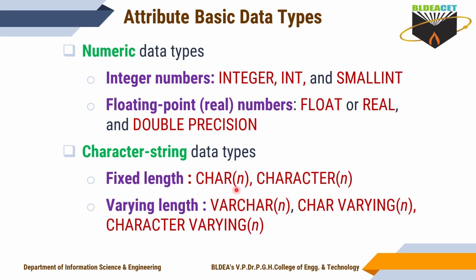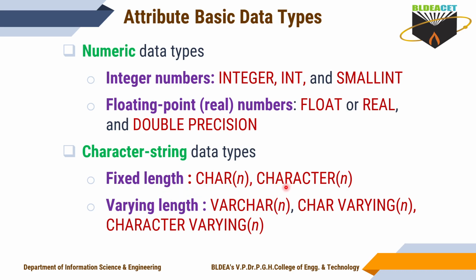For example, if I take your USN number, for all the students that USN number must contain a fixed 10 characters. In that situation, yes, you can go for the fixed length type. In the fixed length, you can take the data type as char n or character n. Here n is the number of characters, how many characters you want to fix. So that one tells it is fixed.